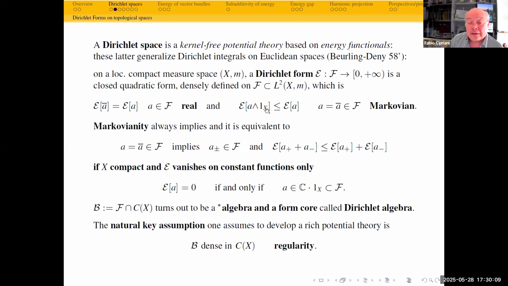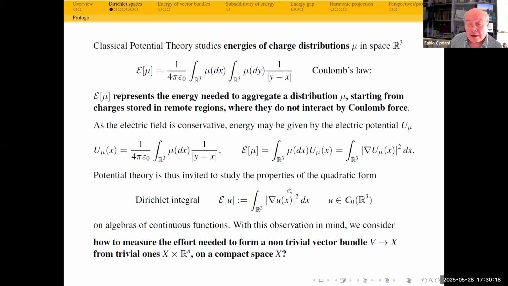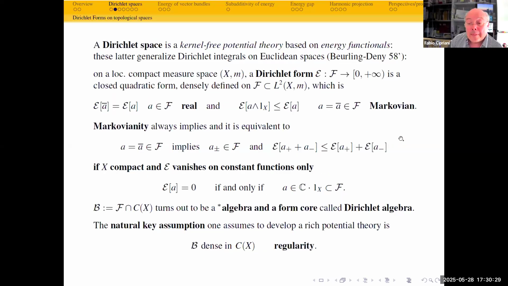This contraction property comes from the characteristic properties of the Dirichlet integral of the classical potential theory. It is verified in particular for the Dirichlet integral on a Euclidean domain.